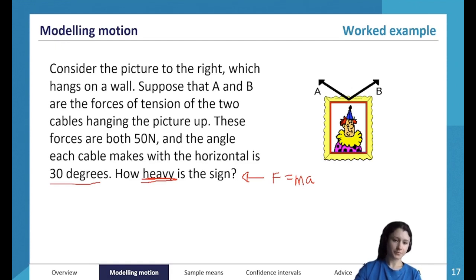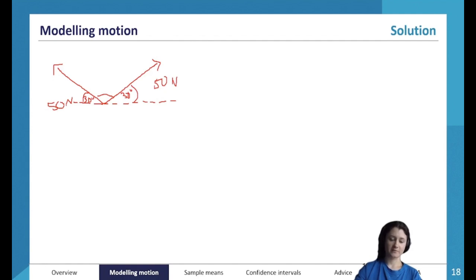Alright, so let's continue on. We know that we need to find mass and weight, or in other words, we need to figure out what is this downwards vector almost. Alright, what is that downwards vector? So let's have a think about just what's happening with this sign.